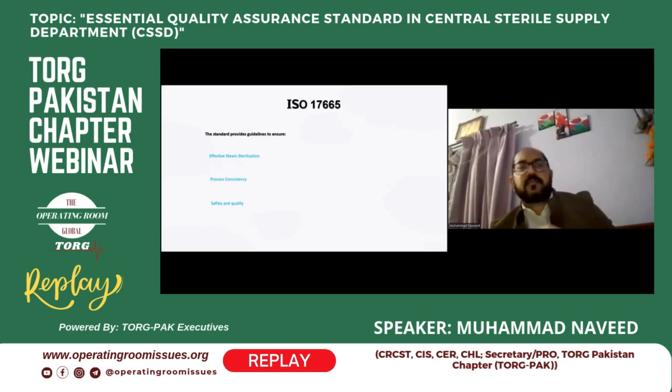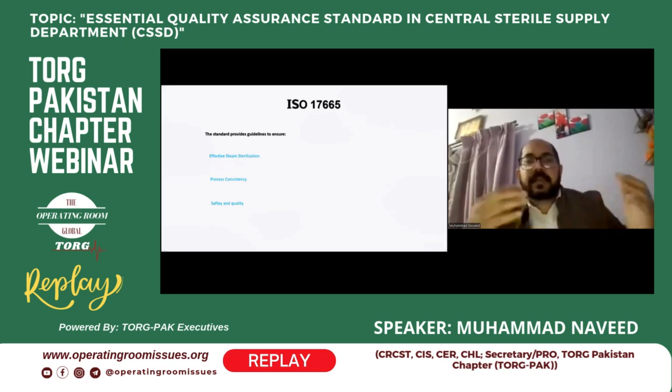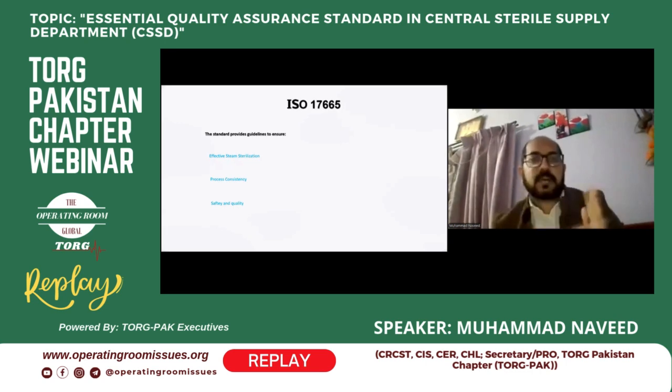The second one is process consistency. Consistency is the most important thing for any process in our CSSD. If we are using a steam sterilizer and the first cycle achieves all the parameters, the second one does not, the third one achieves the parameters, and the fourth one does not, that is not correct, and it is not following our ISO standards. So process consistency must be met.